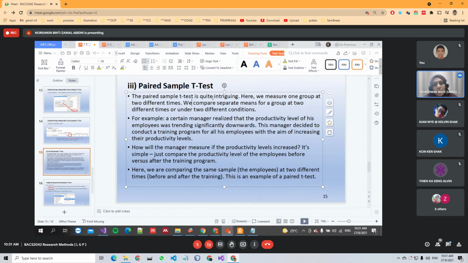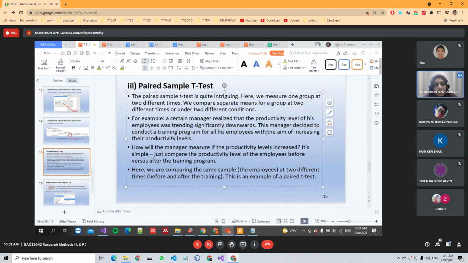So the paired sample t-test is quite intriguing. Here we measure one group at two different times. We compare the mean for a group at two different times or under two different conditions. For example, a certain manager realized that the productivity level of his employees was trending significantly downward.